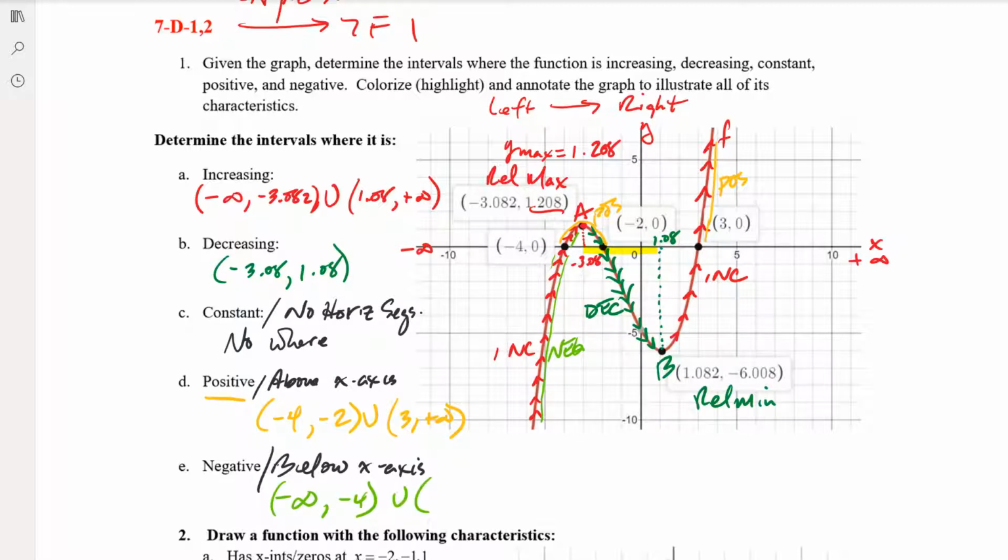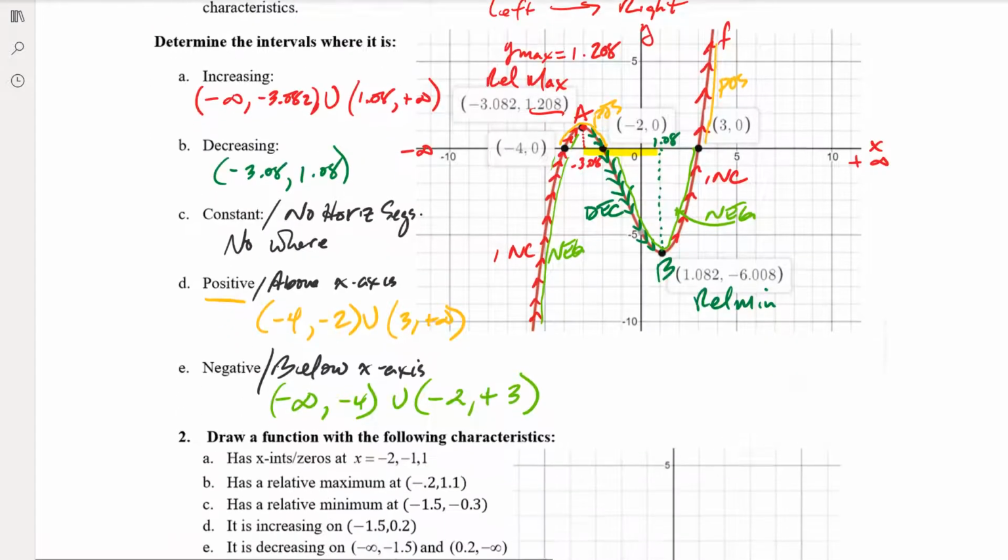And then on the other side, from negative 2 to positive 3, the other x-intercept, it's negative there. Why? Because it's below the x-axis. So negative 2 to positive 3. And that is just a little sample of what we did in activities 71 and 72.